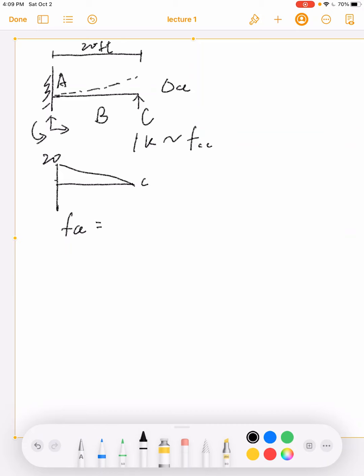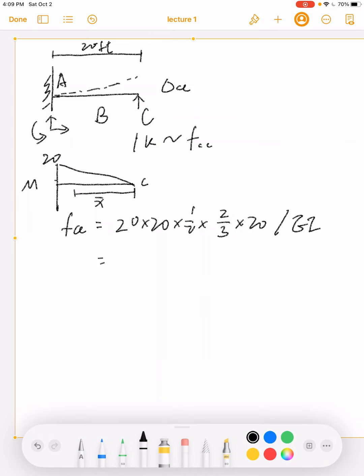I'm going to use the moment area method to calculate the deflection. The area of this bending moment diagram is 20 times 20 times half. And I also need the distance from the centroid of this triangle to point C. So this will be 2/3 of 20 feet. And in the end, everything needs to be divided by EI. If I do this calculation, it should be 2666 over EI. And plugging in the EI value, this should be 0.3 inch.